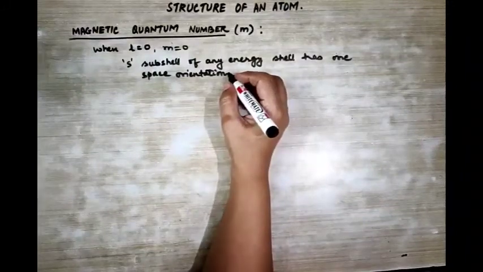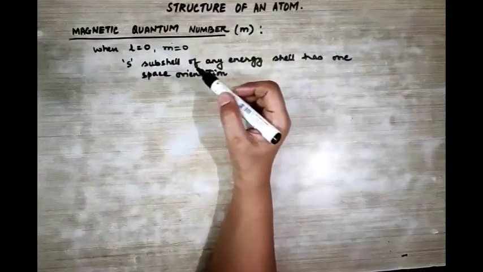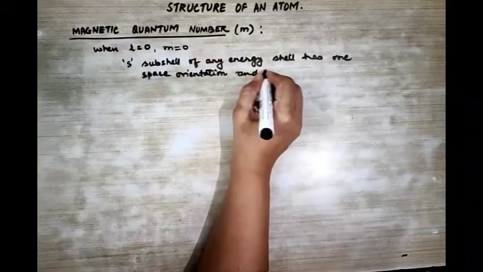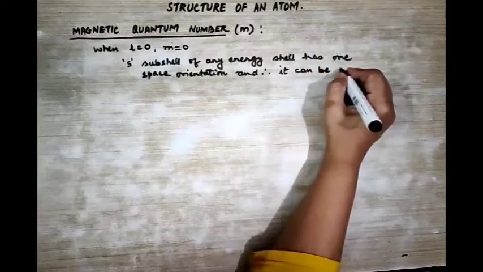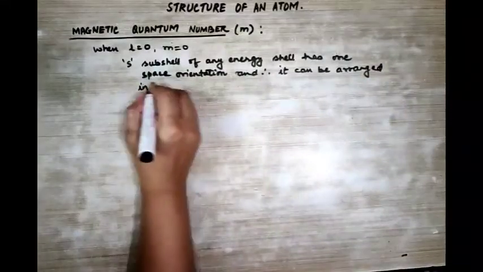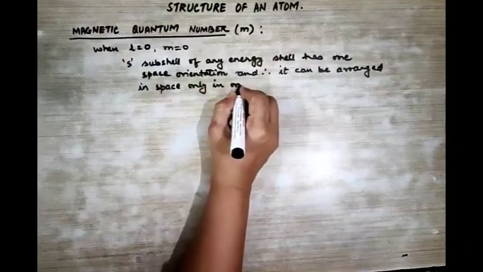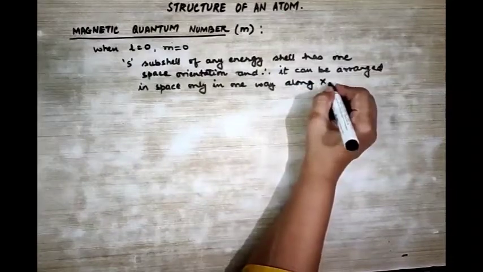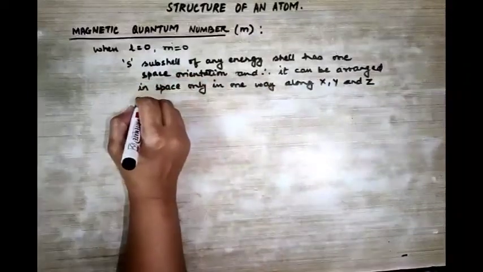So I'll write it down over here. What did I say? S subshell of any energy shell has one space orientation, and therefore it can be arranged in space only in one way, along the x, y and z axis.